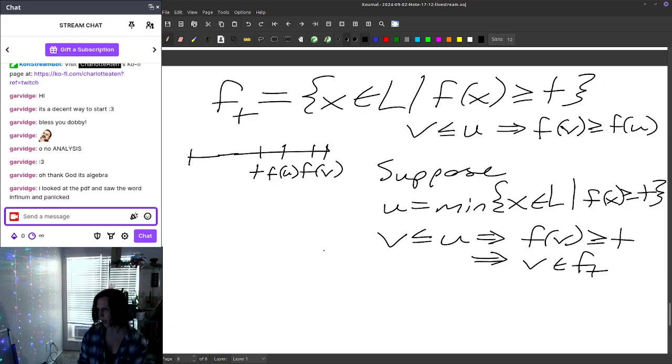And if you look at it, that means that if we look at the first thing where f of that thing is greater than or equal to t, then we know that everything that lies below it has to be in this f sub t.